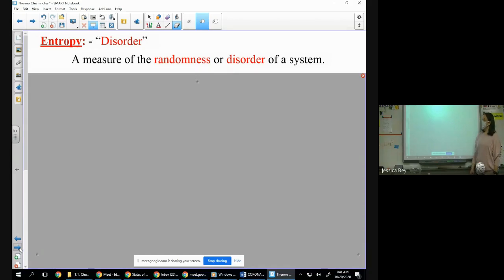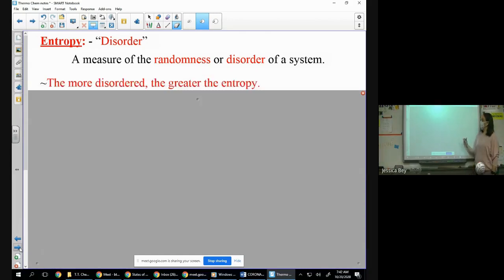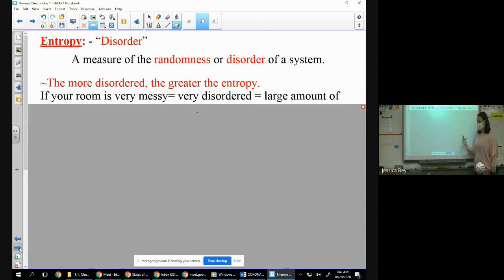Randomness or disorder of a system. Okay. And the more disordered, the greater the entropy. So you can just say, no, my room's not messy. It just has a high state of entropy. That's fine.